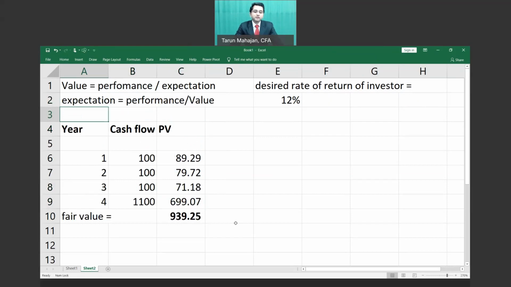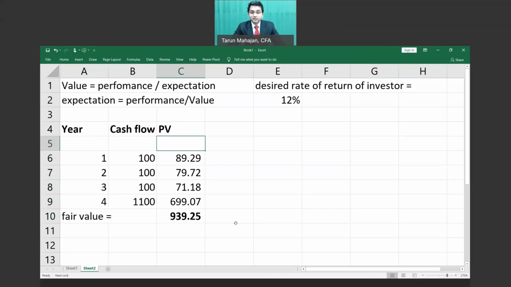So suppose if the question says that a company has issued 10% coupon bonds for 4 years maturity, face value is rupees 1,000. Current fair value of the bond is 939 rupees. What is expectation of investors? Oh my God. So expectation of investors is actually missing, and I need to find that out.